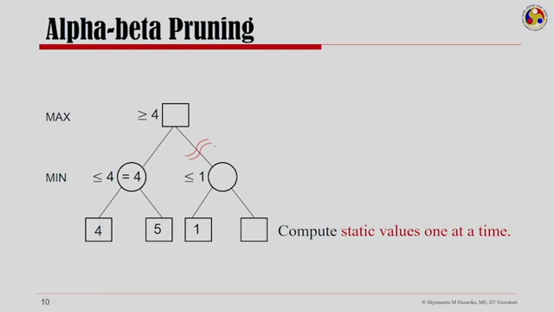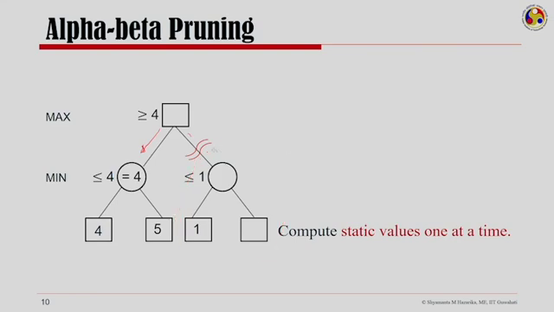So he can think of throwing away all of this, as if this tree does not exist. Why is it that this tree does not exist for him? This is because if Max follows this path, let me repeat this, he will have 4, and if Max comes on this path, all he is guaranteed to have is something less than or equal to 1.